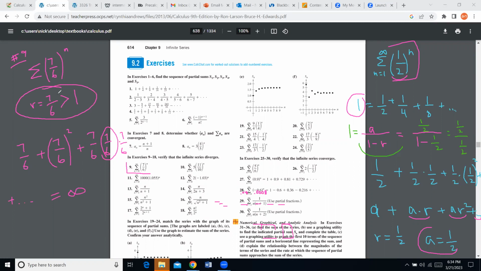The ratio needs to be smaller than 1. Then we get a geometric series, and then they converge. Here we also have a geometric series, but it diverges because the sum approaches infinity.